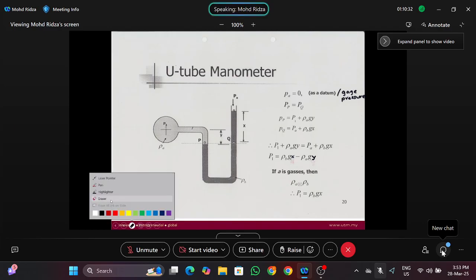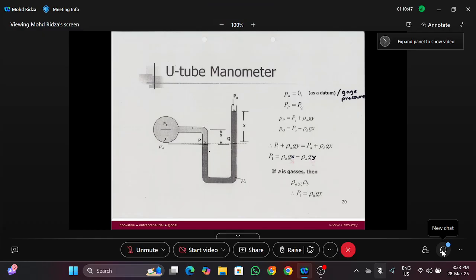Again, find 2 points that have the same pressure. I want to use point P and point Q because they are at the same elevation, connected by the same black liquid, and it's not moving. So what is the pressure at point Q? Pressure at point Q is PA plus rho GX.